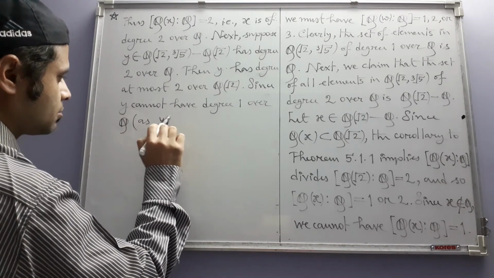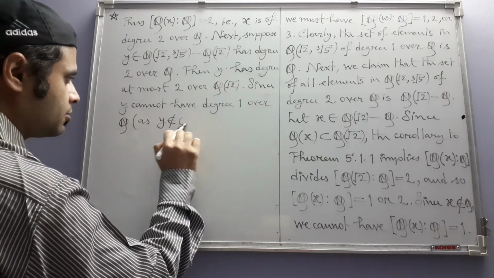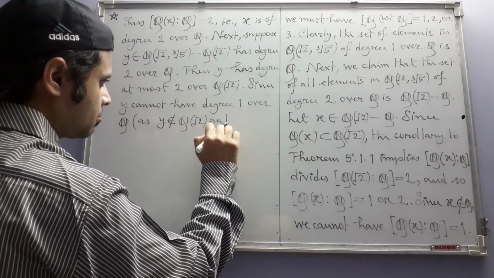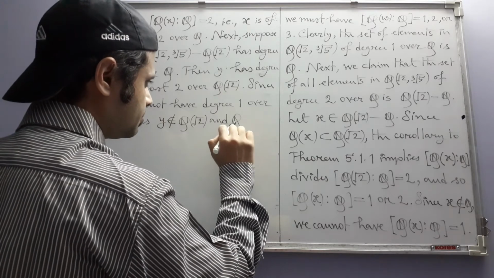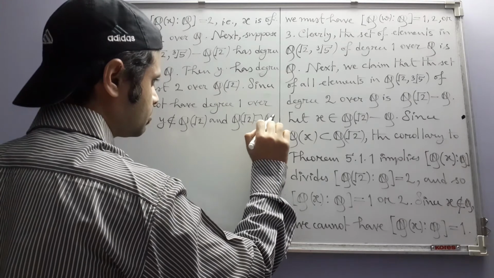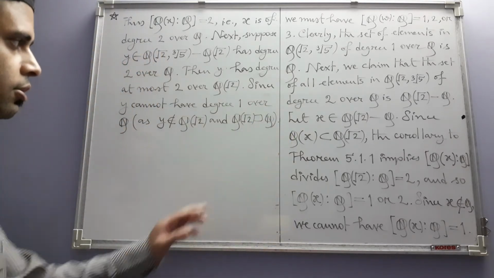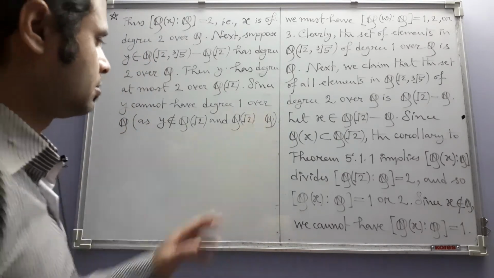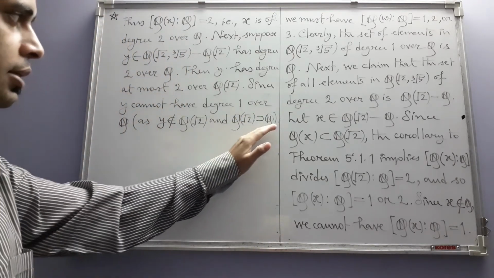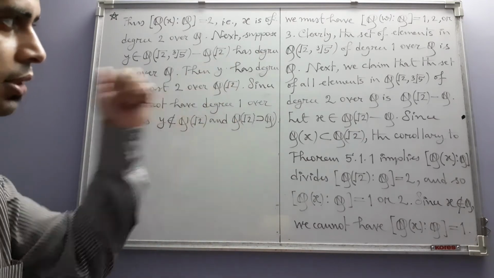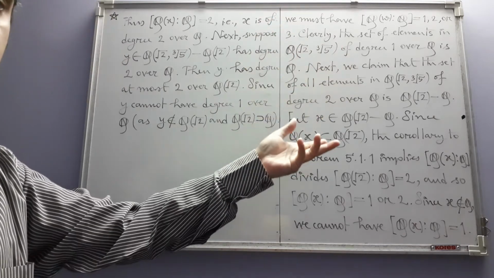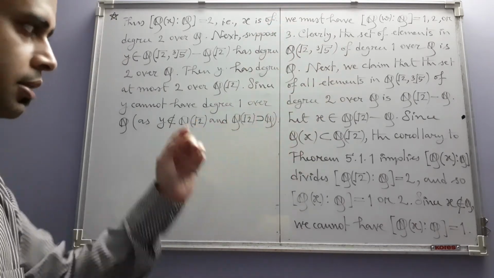As y does not belong to Q(root 2) and Q(root 2) contains Q, since y is not there in Q(root 2), it cannot be a rational number, and we have already noted that the only elements of degree 1 over Q are the rational numbers.